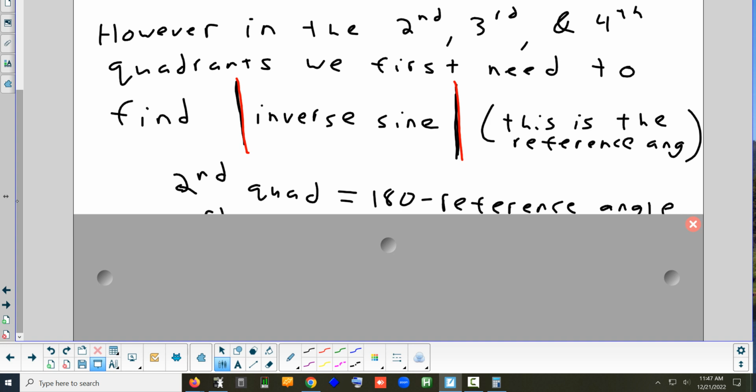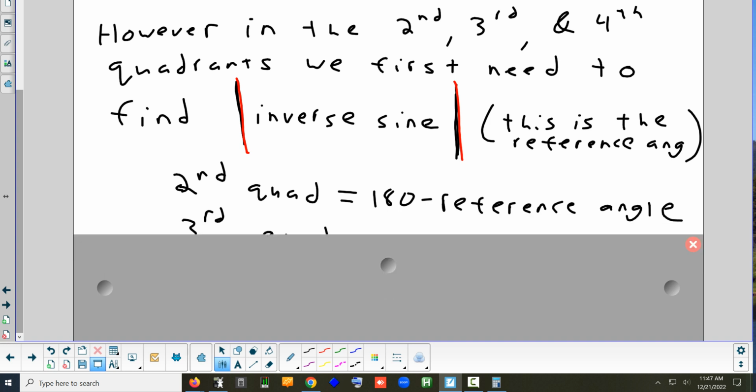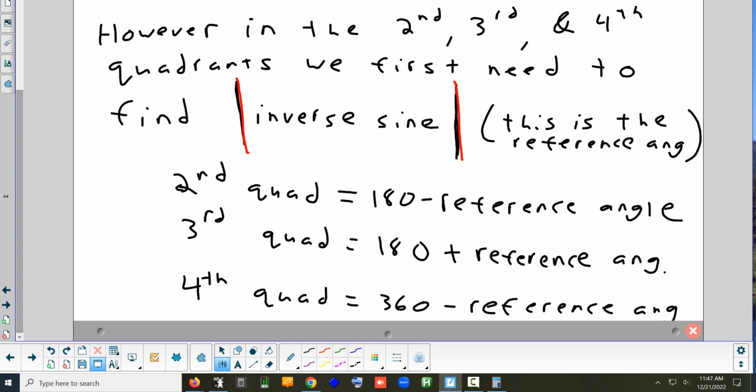But the reference angle itself is not the answer in quadrants 2, 3, and 4. It's what you guys just said. If you're in quadrant 2, how you know you're in quadrant 2, your x-coordinate would be negative and your y would be positive. You have to find your reference angle and subtract it from 180.